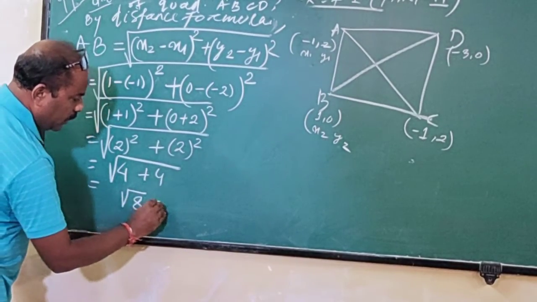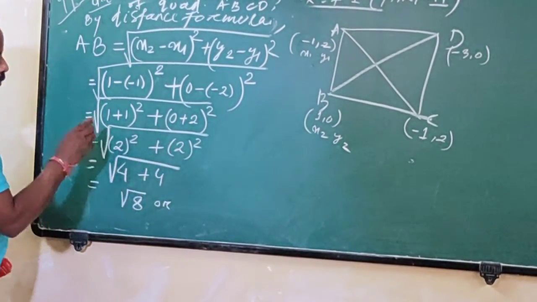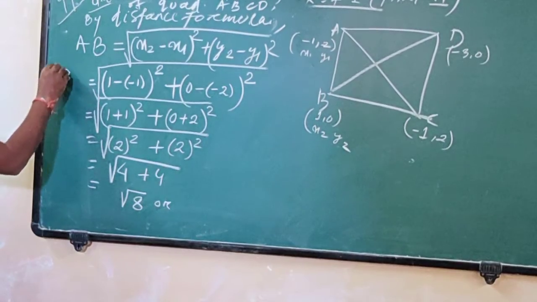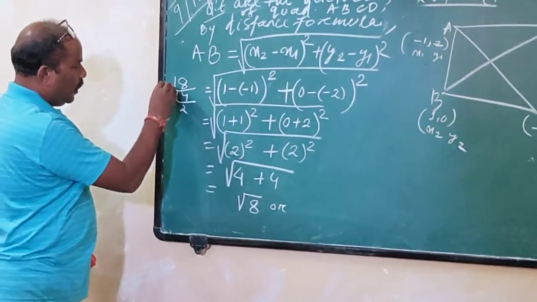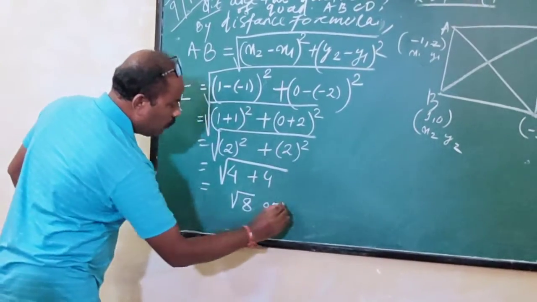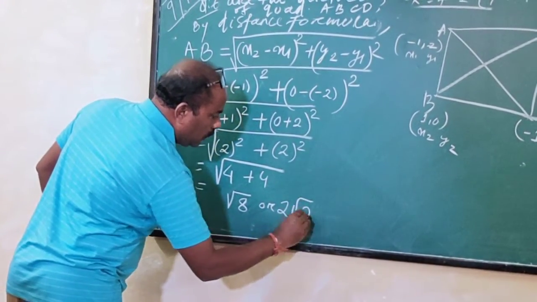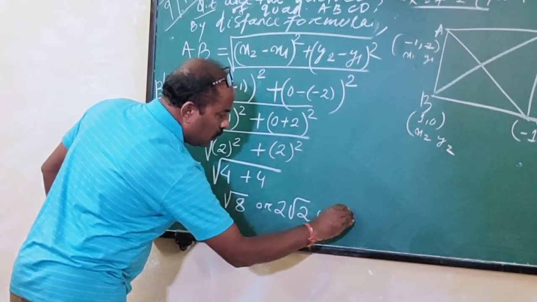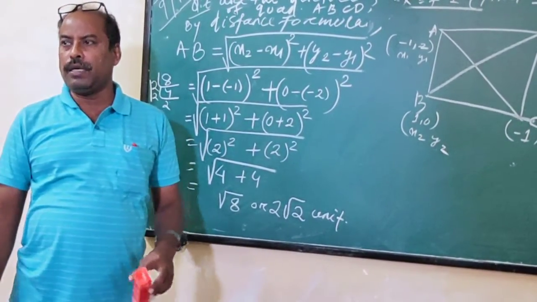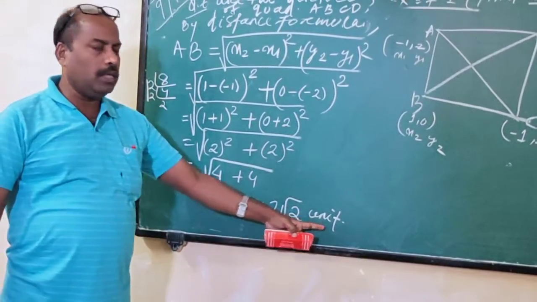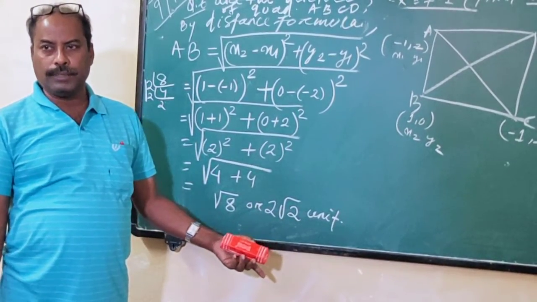Or you can write, if we factorize 8, 2 4 2 2, finish. So now one pair of 2 will come out, and the answer is 2 root 2 units, because we are not given any centimeter, meter, or millimeter, so we have to use the word unit in this case.